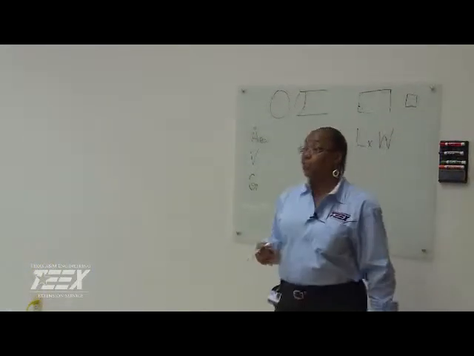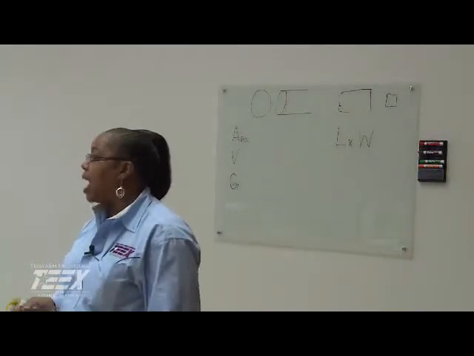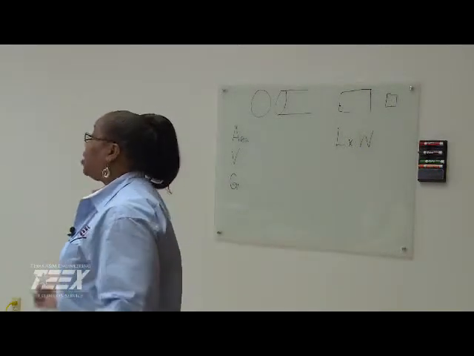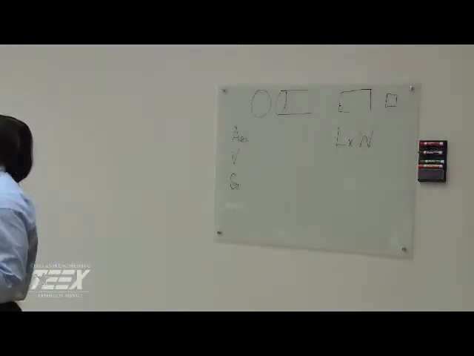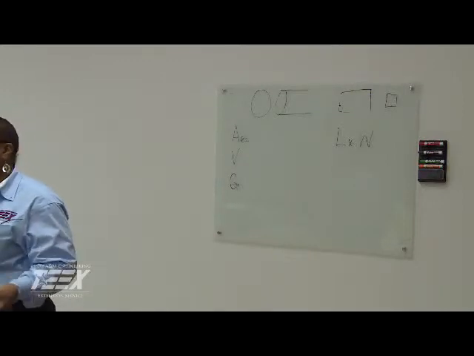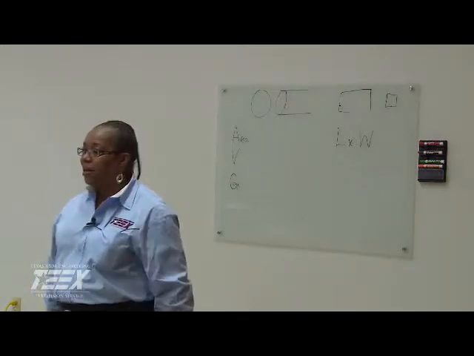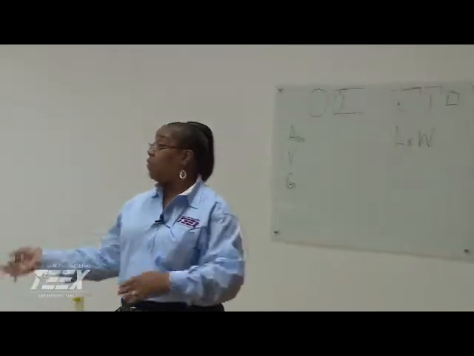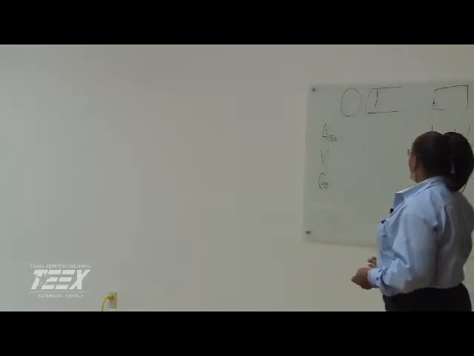Now it's critical. In math, we cannot multiply apples and oranges. You must have the same units. So, if they give me a unit in inches and they give me another in feet, that means I must do what? Convert. I have to convert either inches to feet or feet to inches, whereas I can multiply apples and apples.